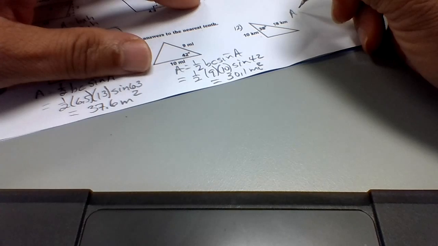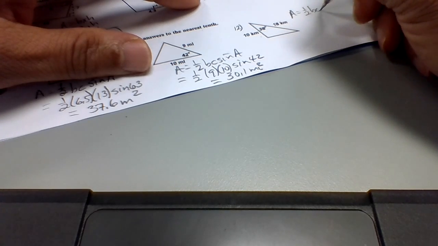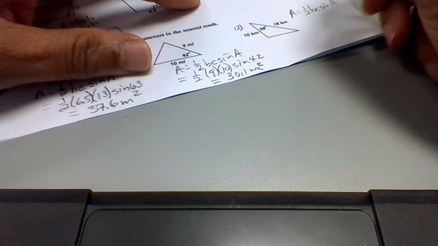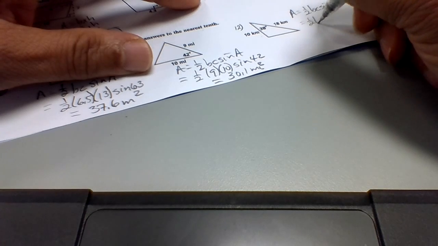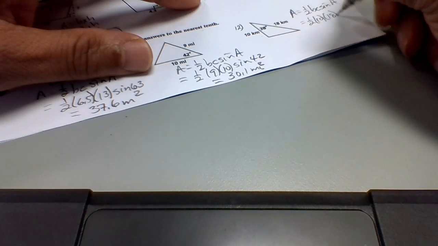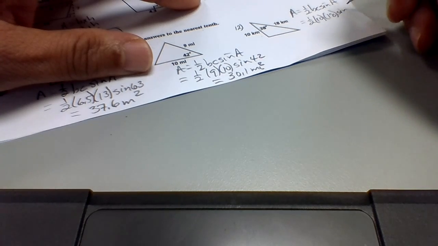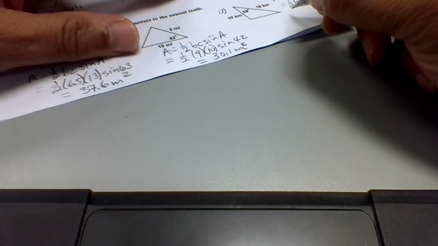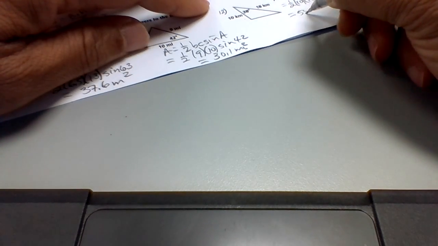And the last one, area equals 1/2 BC sine of A. So 1/2, one side is 10, the other side is 18, and the angle is 38. And that'll give me 55.4.